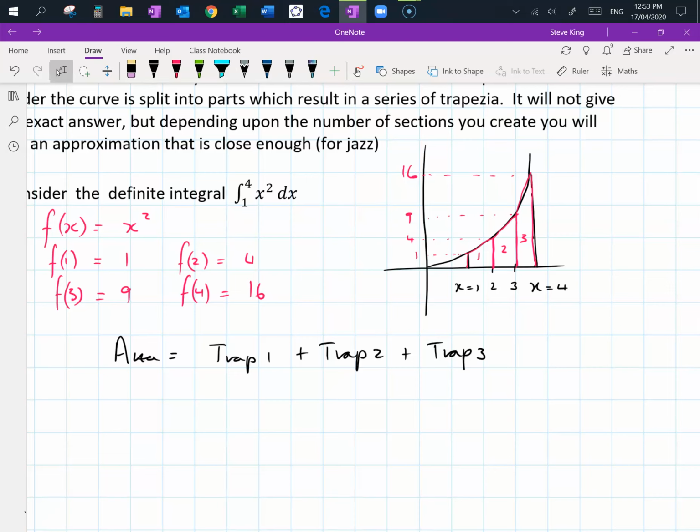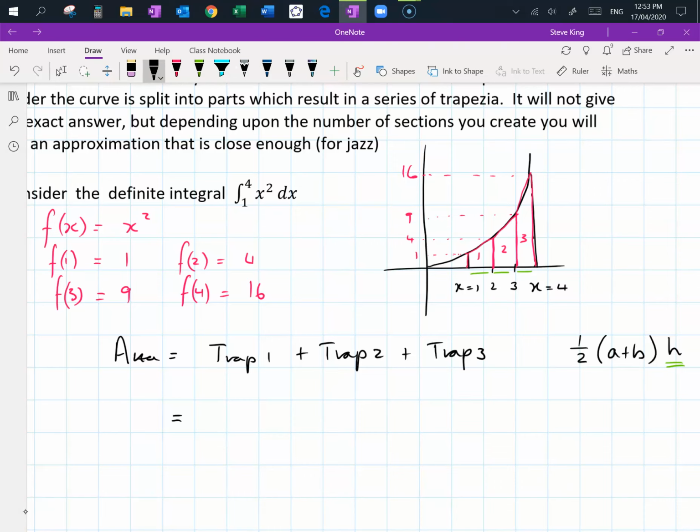And if you remember, the area of a trapezium is half the sum of the parallel sides times by the height, the distance between them. The distance between them, this green part over here, is that gap there. The parallel sides are the 2 red lines that we've got drawn there.